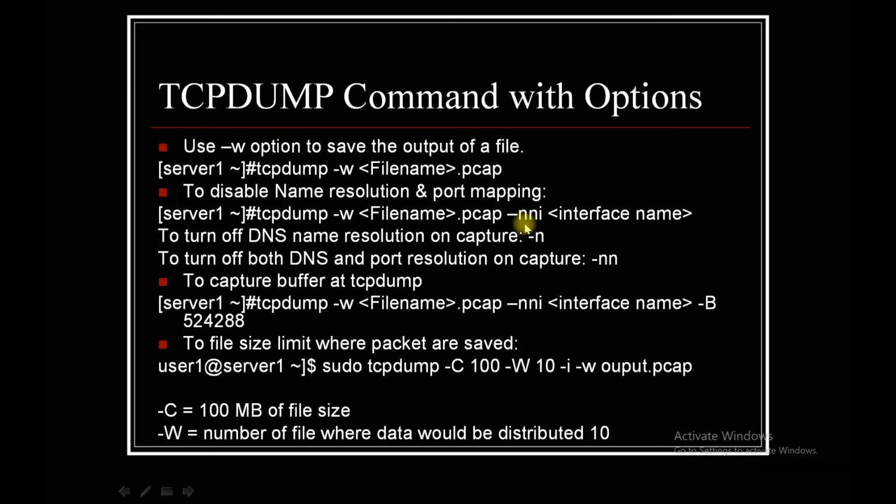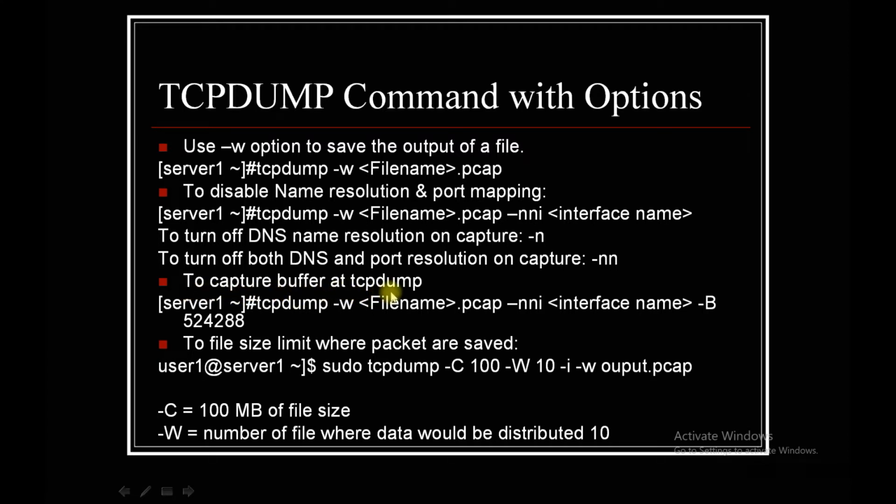If it is a single n, it applies to name resolution. If it is a double n, it applies to name resolution as well as port mapping. So to turn off DNS resolution, use -n, and to turn off both DNS and port resolution in the capture, use -nn.